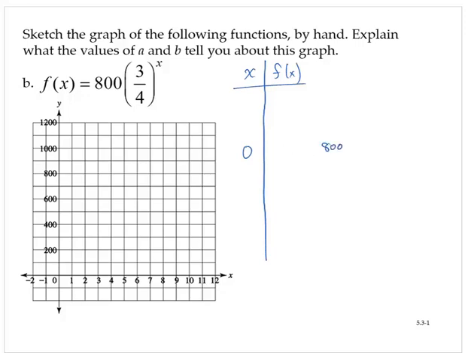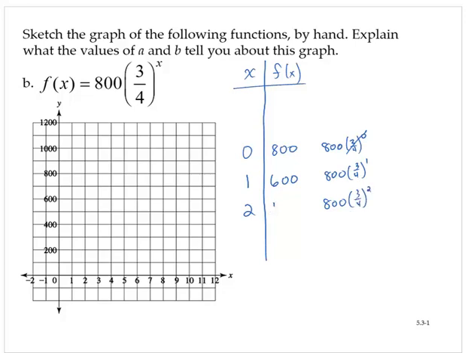So we have 800 times 3/4 to the 0 power. 3/4 to the 0 is 1, and so that just leaves the 800. If x is 1, we have 800 times 3/4 to the first power. And if you need to use a calculator for that, this is fun. That would give us 600.